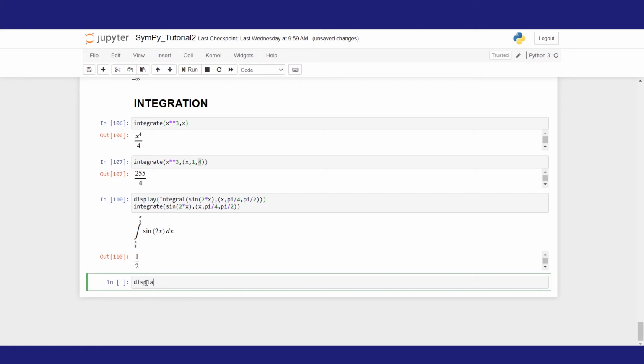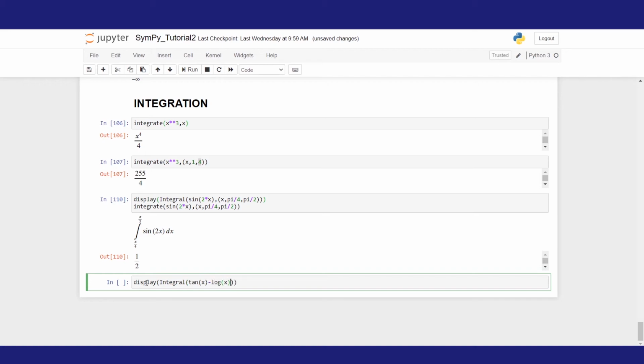So let's display another function. Let's say display the integral of, what do we need? Let's say tan of 2x, or of just x, and then minus say log of x.